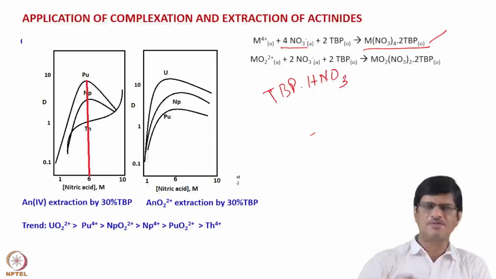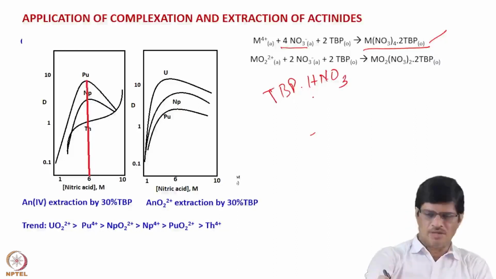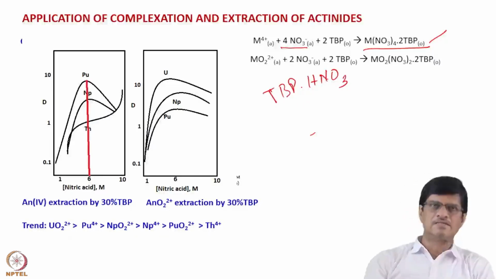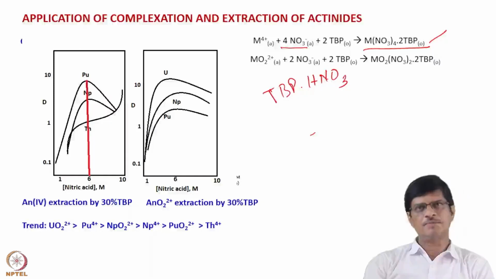This type of complex is formed. This can be 1 HNO3, and depending on the higher concentration, it can be 2 HNO3, like that. These adduct species are formed. That reduces the effective concentration of TBP in the organic phase. That is why the extraction of plutonium 4+ is decreasing.